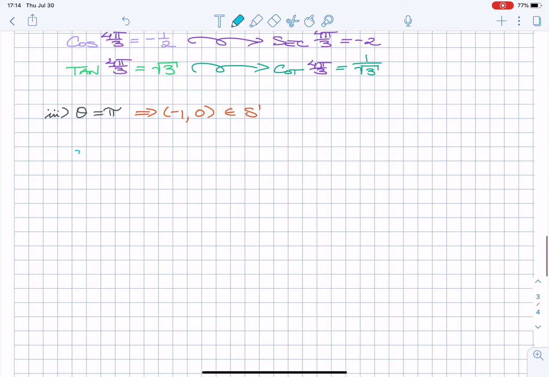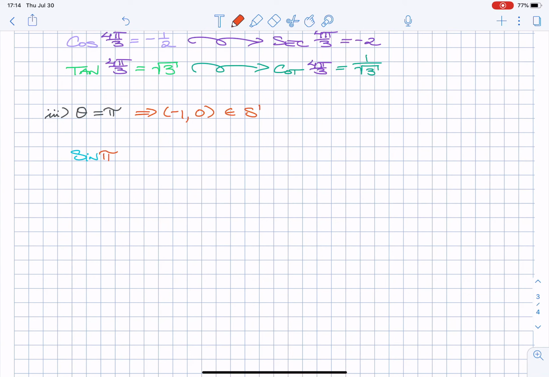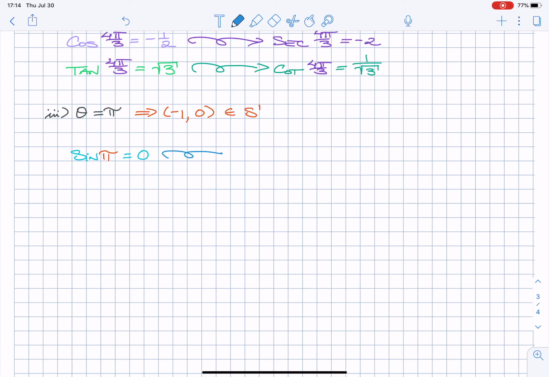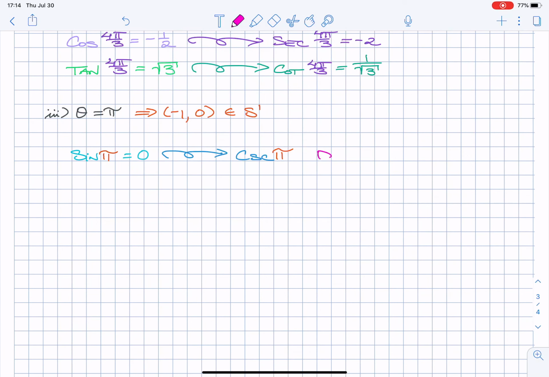So sine of pi is the y coordinate, which is 0. So that means that the reciprocal function cosecant of pi, thou shalt not divide by 0, does not exist, DNE. Thou shalt not divide by 0.